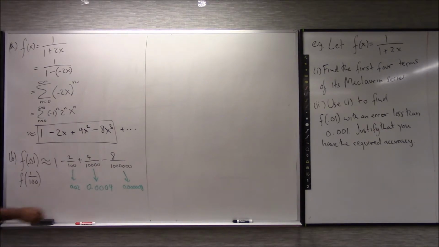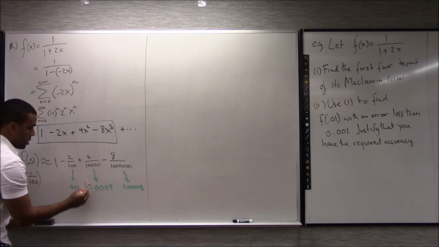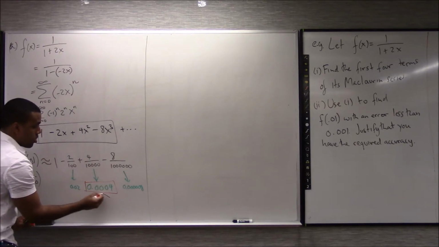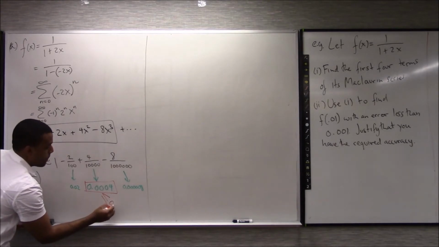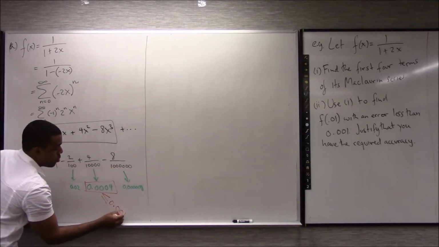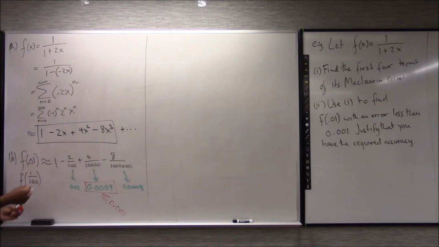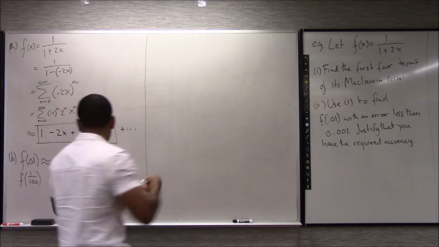First 2. This guy here is already less than 0.001, which means that the sum of the previous terms is going to be good enough to be that accurate.